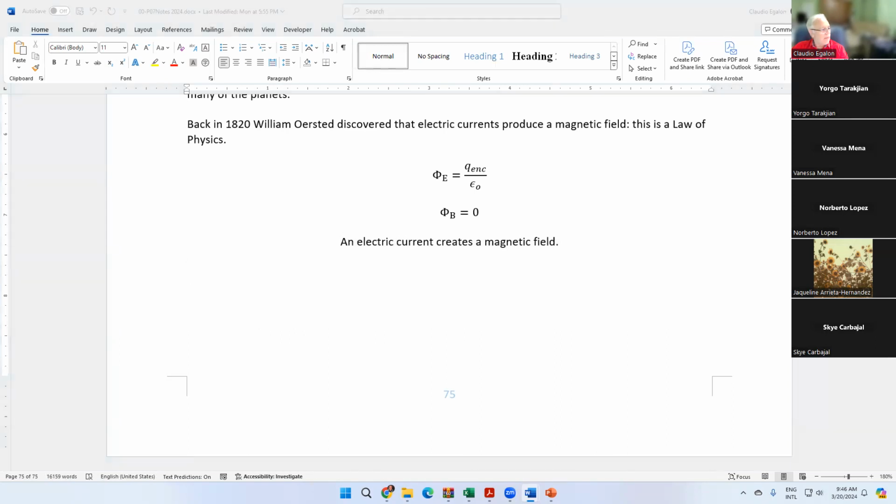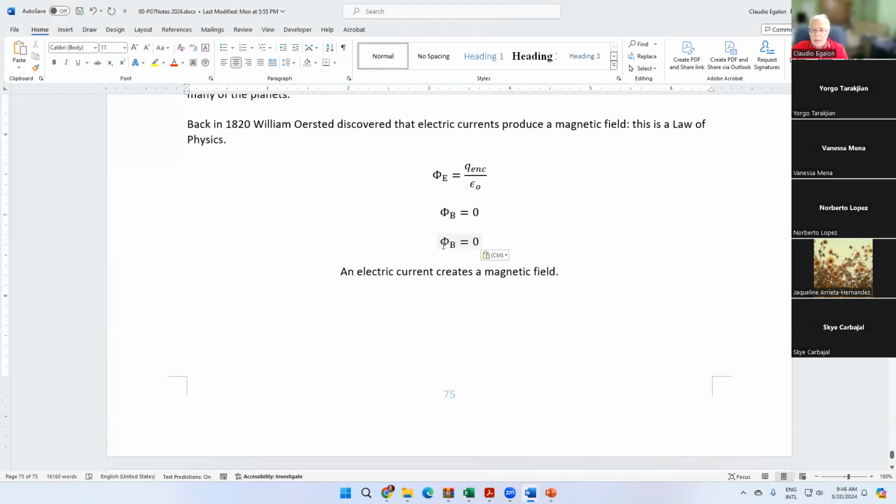Oh, there's one more law here, right? The magnetic force is equal to Q V sine of theta. There is the other one here.